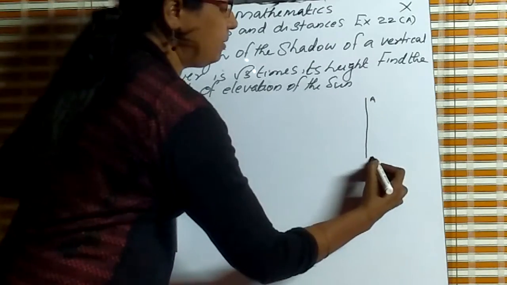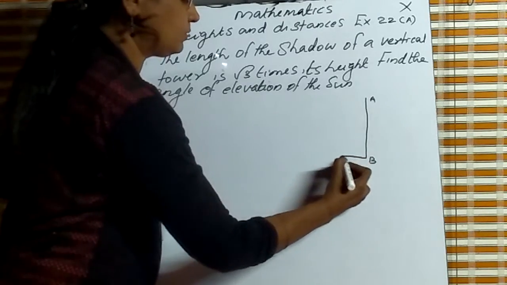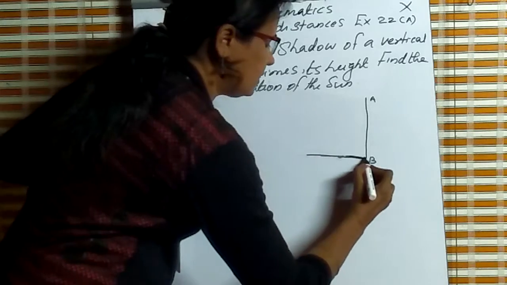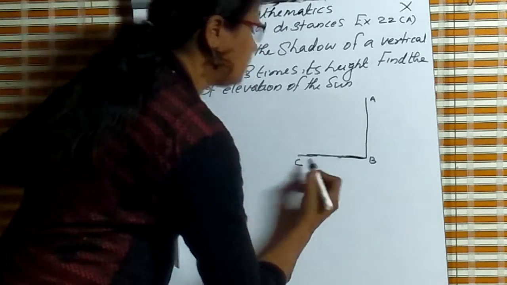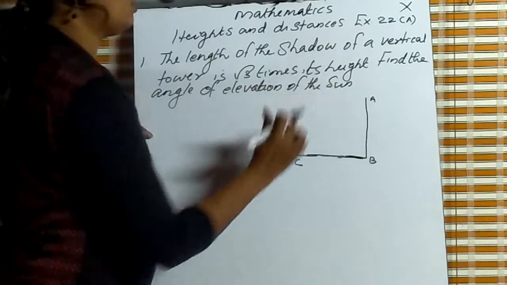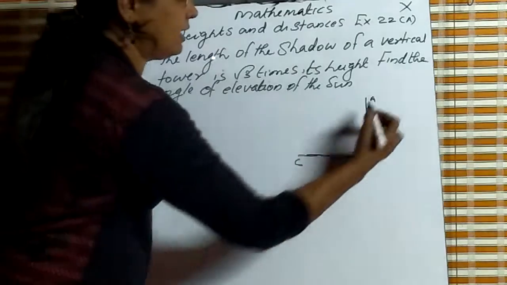Let AB be the vertical tower and the length of its shadow is BC. The length of the shadow of a vertical tower is root 3 times its height.